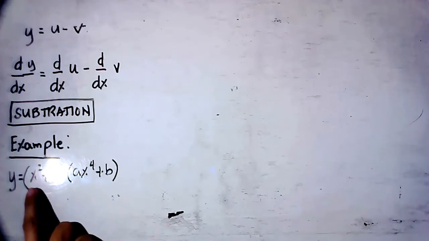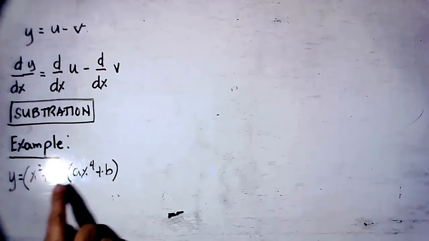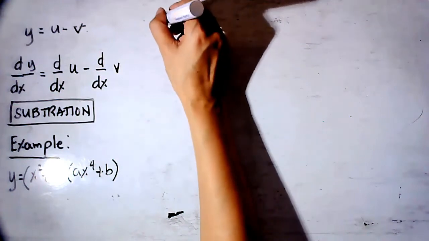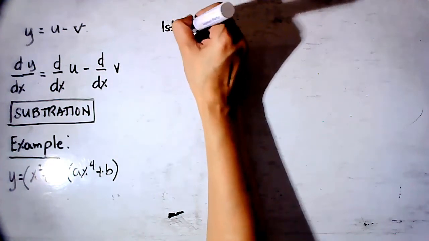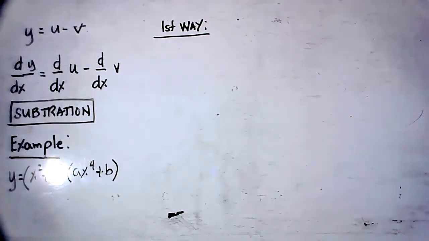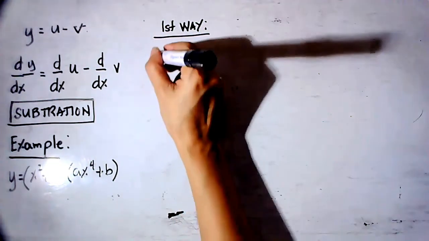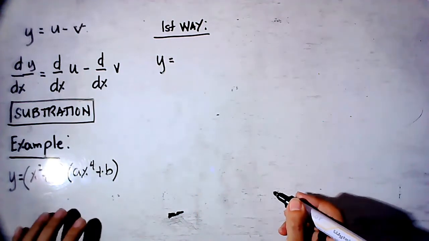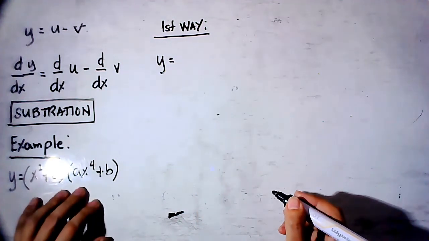So the first way could be multiplying x squared plus c and ax to the fourth plus b.